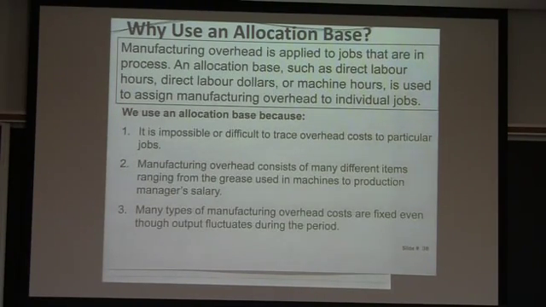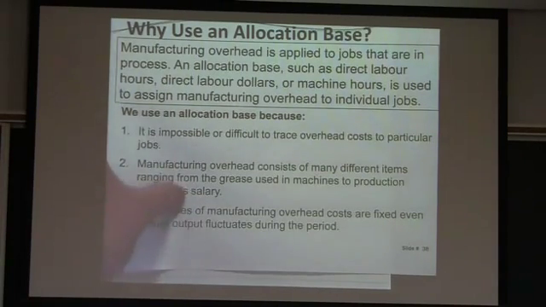That's why we allocate it based on a per unit or per dollar amount. And the manufacturing overhead consists of many different items. So that's why it makes sense to accumulate them all and use one rate to apply them.